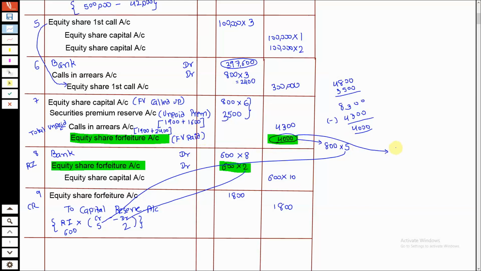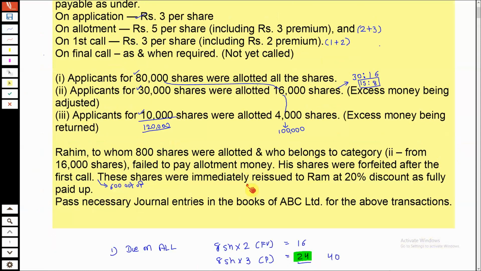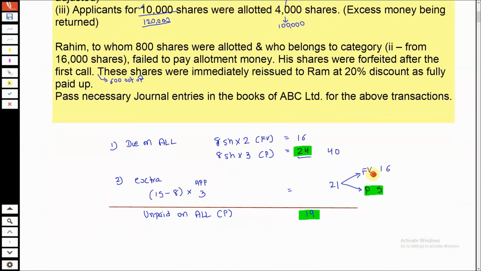Okay, तो अब हम रहीम की बात करते हैं. तो रहीम ने 800 shares पर application के 3 rupees तो pay कर ही दिए होंगे, that is 2400. And रहीम ने allotment की भी पूरी face value pay कर दी है. Look here, मैंने यहाँ बताया था.